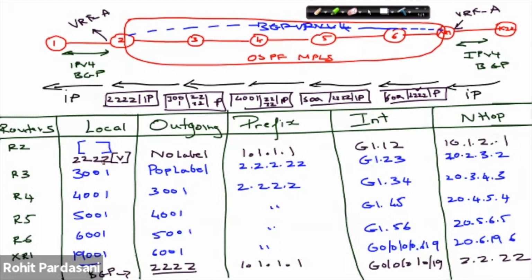Now R2 does a lookup in his MPLS table, and he sees that if I received a VPN labeled packet, do no label and forward out this interface to this customer. And he forwards an IP packet to the customer. So this is the scenario happening behind the scenes when I have MPLS running and I have VPNv4.